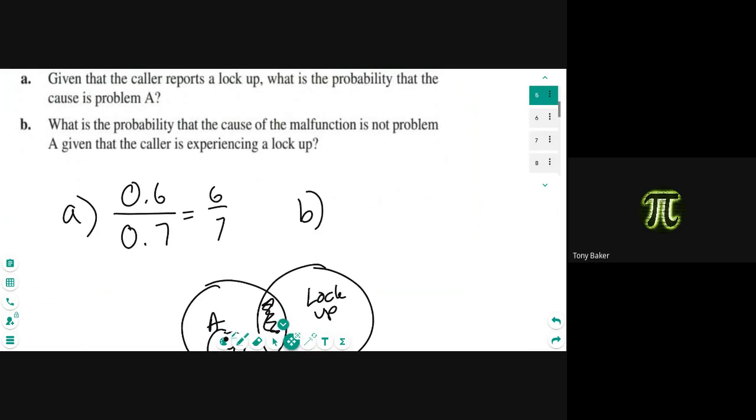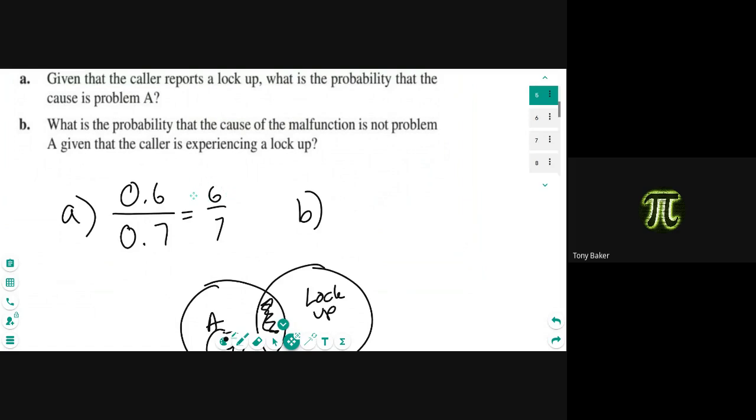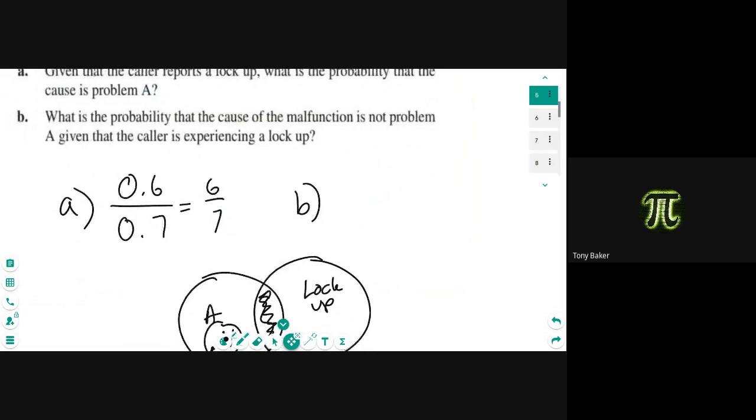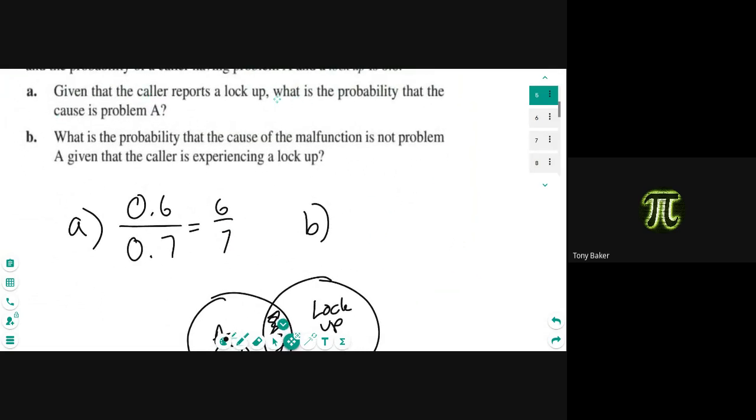If the person's calling up and they're saying that the cause is A, that's 6/7, right? What is the opposite of that? What is the complement of that? So if they call up and report a lockup, what's the probability that it's A? It's 6/7. So what is the opposite or the negative of that statement? If they call up and report a lockup, it would have to be either B, C, or D. That's the complement of it.